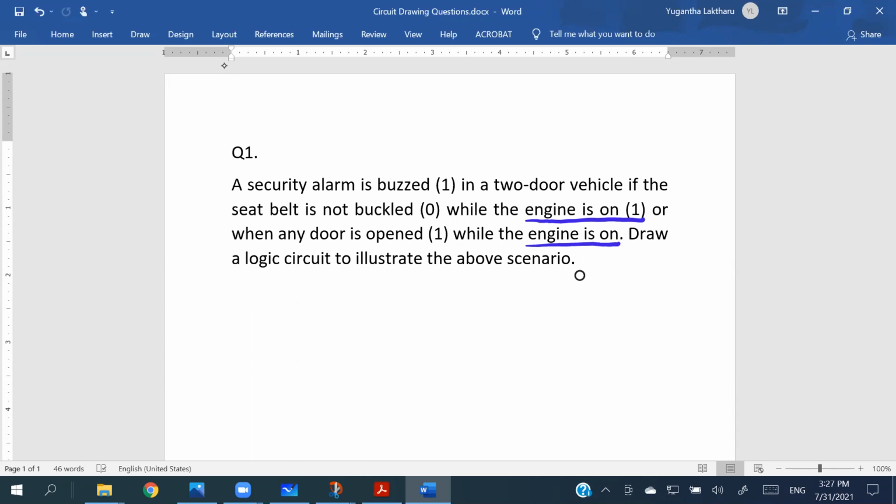But if you read it carefully, you can understand all the scenarios are happening when the engine is on, right? So that means the security alarm will be buzzed when the engine is on and if the seat belt is not buckled or any door is open.